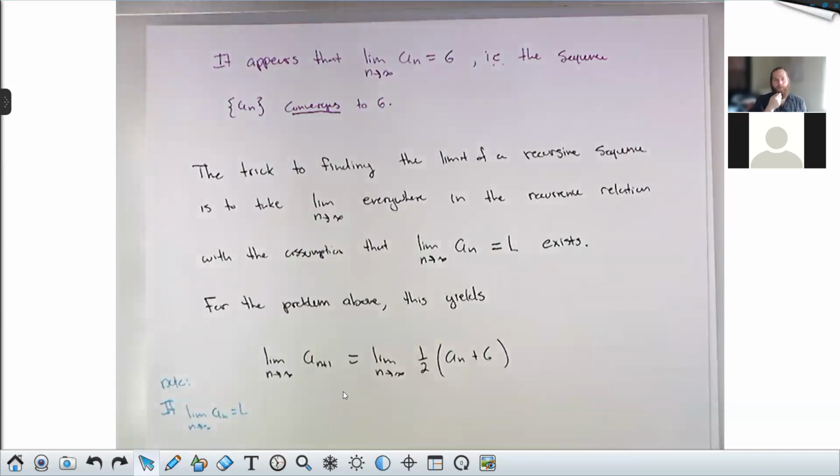Forget about the limit for a minute. If a_n is the nth term, then a_(n+1) is the term connected to a_n. It's the term that comes after a_n, right?